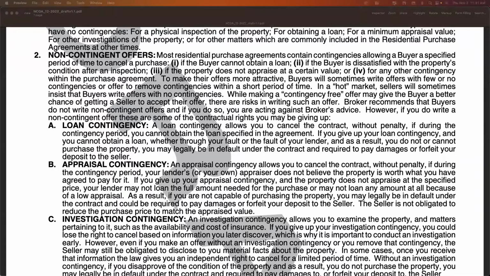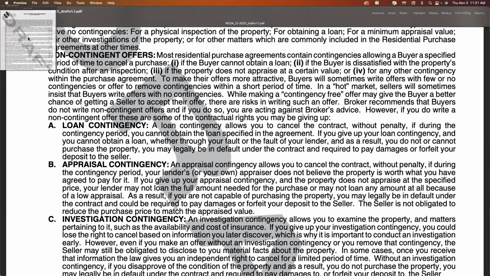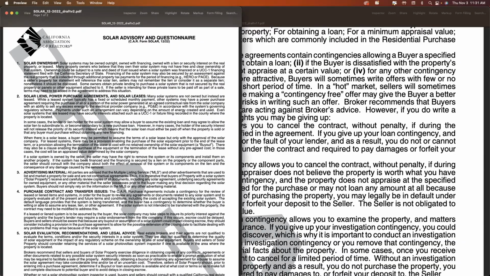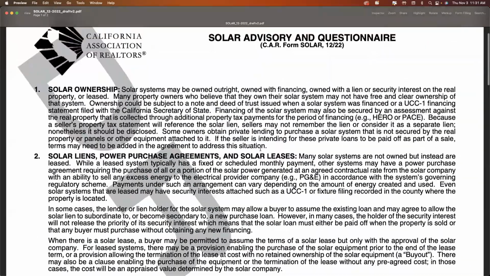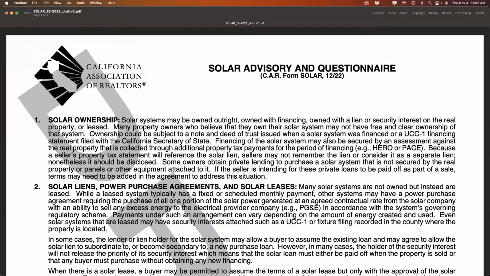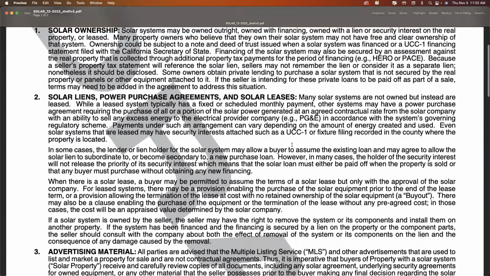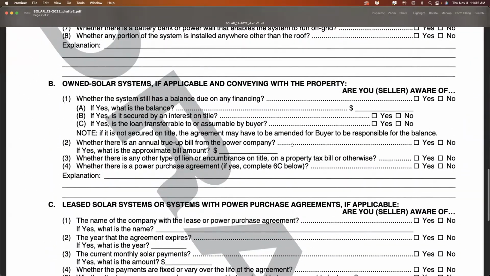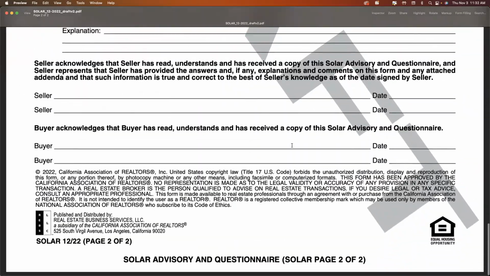Now, this is a new disclosure that is going to be required for any listing that has solar panels. That form is called the Solar Advisory and Questionnaire, form initials SOLAR. It is very similar to an SPQ in that it has questions that need to be answered.